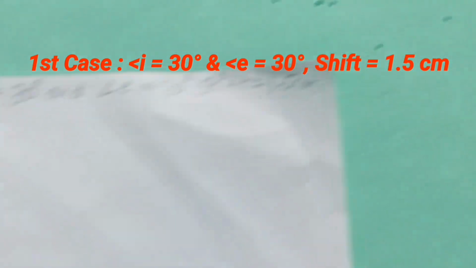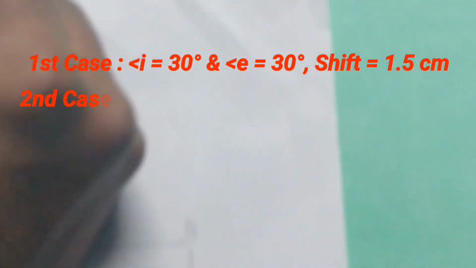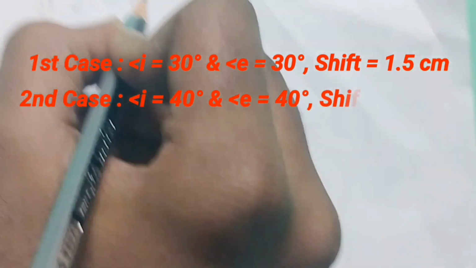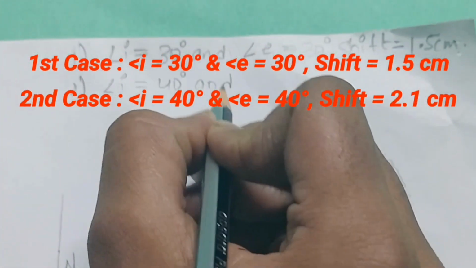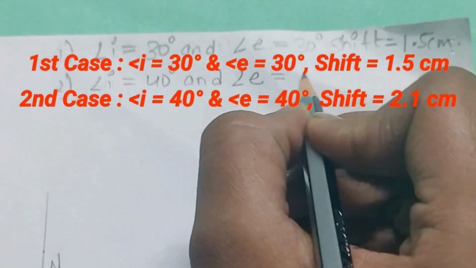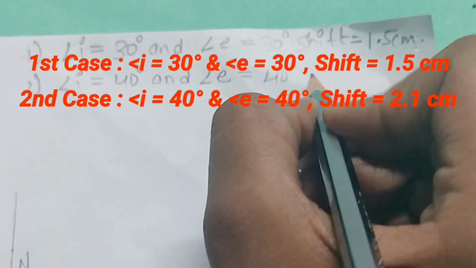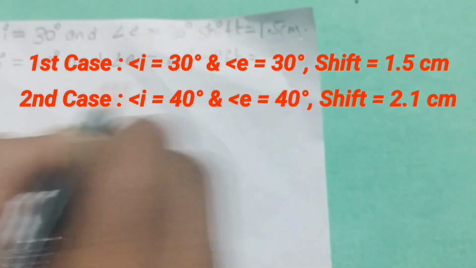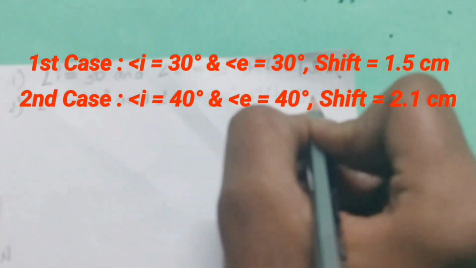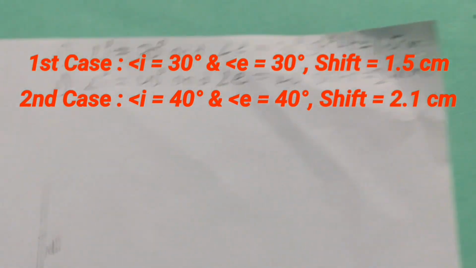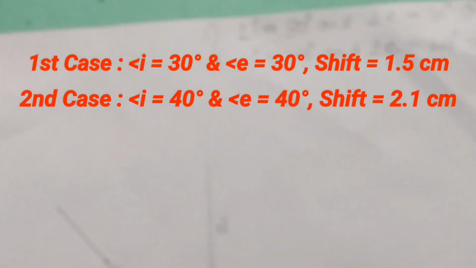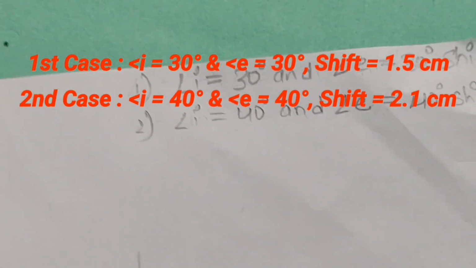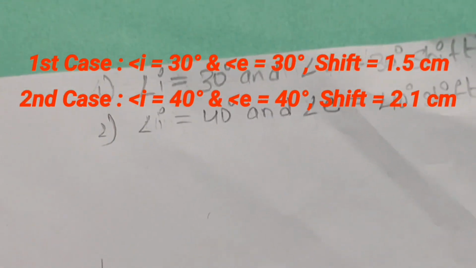In the second case, angle of incidence is equal to 40 degrees and angle of emergence is equal to 40 degrees. Lateral shift is equal to 2.1 centimeters. What we observed is that when the angle of incidence is increased, the lateral shift also increases.